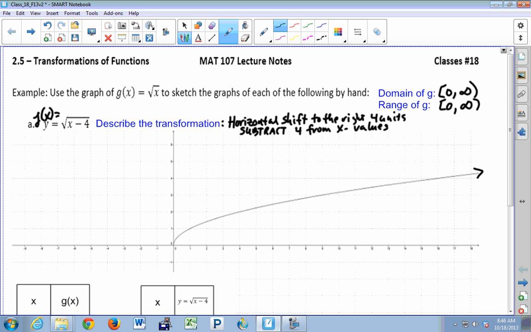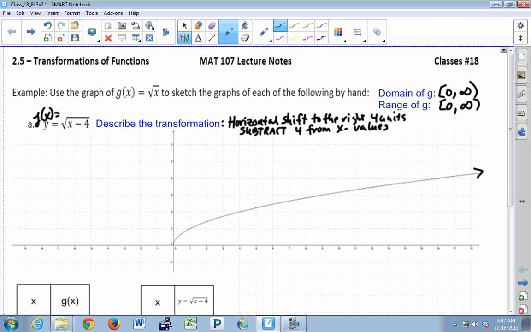Okay, all right, so remember, we're underneath the square root symbol. Whenever you're working inside the function, you're doing a horizontal shift, and horizontal shifts are counterintuitive. When you see subtract 4, you go to the right.